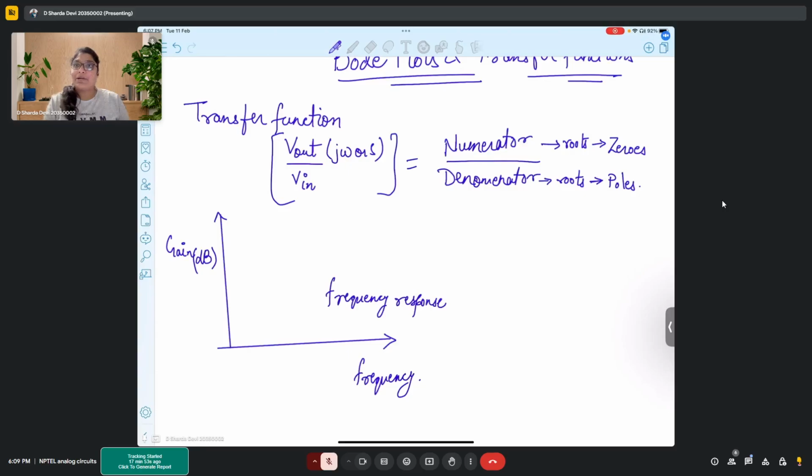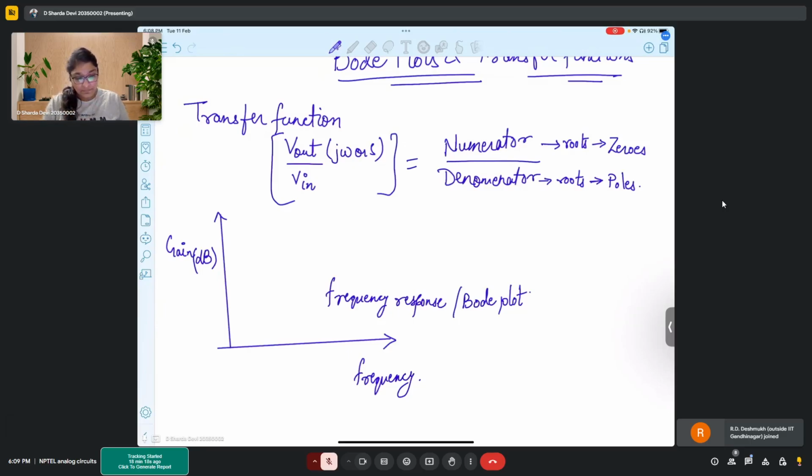And that particular curve, which is theoretically analyzed and which has few approximations, we call a Bode plot. So a Bode plot is nothing but the frequency response. The only thing is frequency response is the actual response, whereas a Bode plot has few approximations.